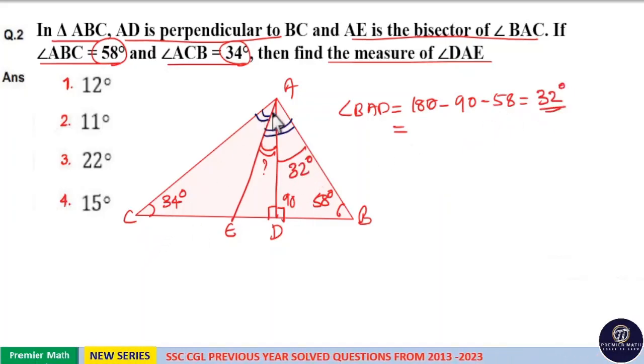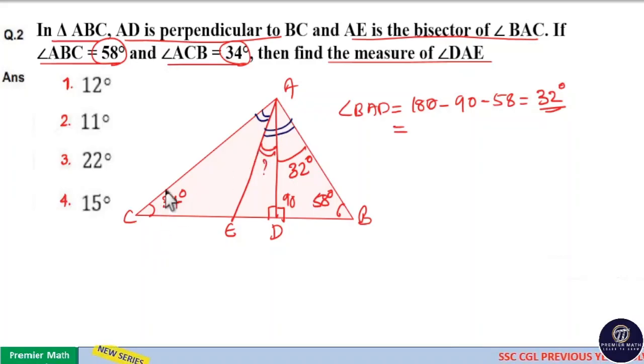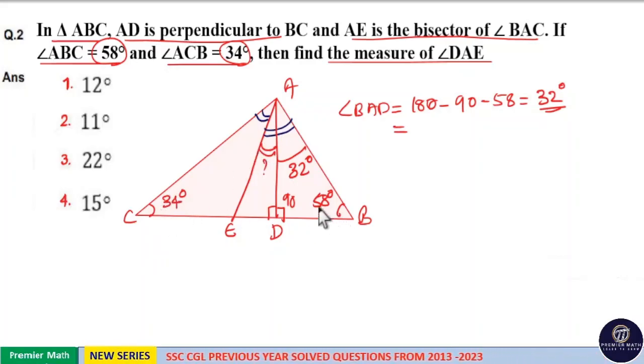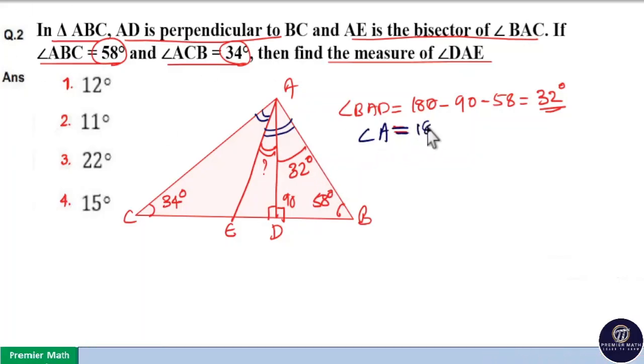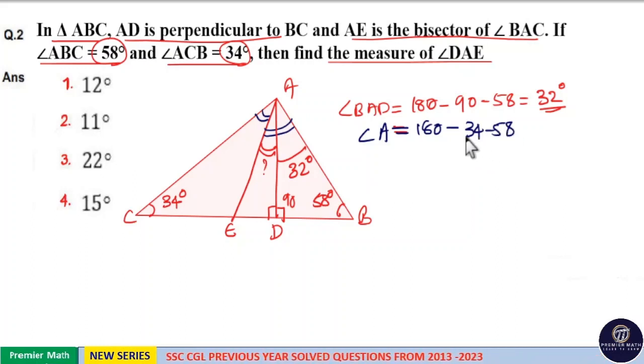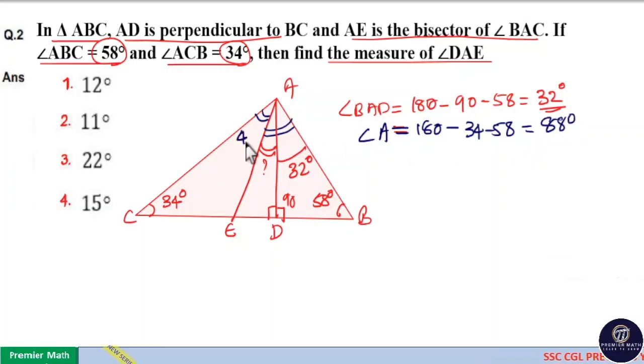And we already know angle A bisects. And here angle C is 34, angle B is 58 degree, which means angle A is equal to 180 minus 34 minus 58. 34 plus 58 is equal to 92. 180 minus 92 is equal to 88 degree, which means this angle is 44 degree and this one is 44 degree.